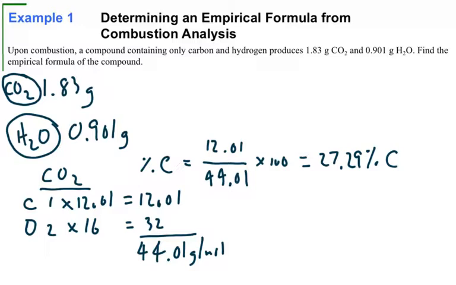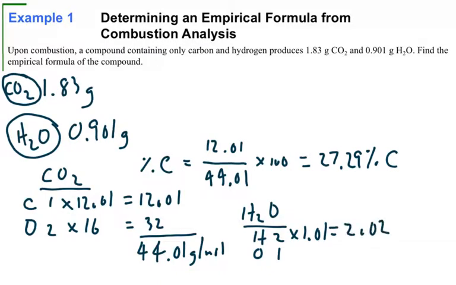Now, I'm going to do the same thing for water. Let's do the molar mass. Water has H2O, so you got two hydrogens and one oxygen. Multiply by the molar mass of hydrogen, you get 2.02. Oxygen is 16. Add that up, and your molar mass is 18.02 grams per mole.